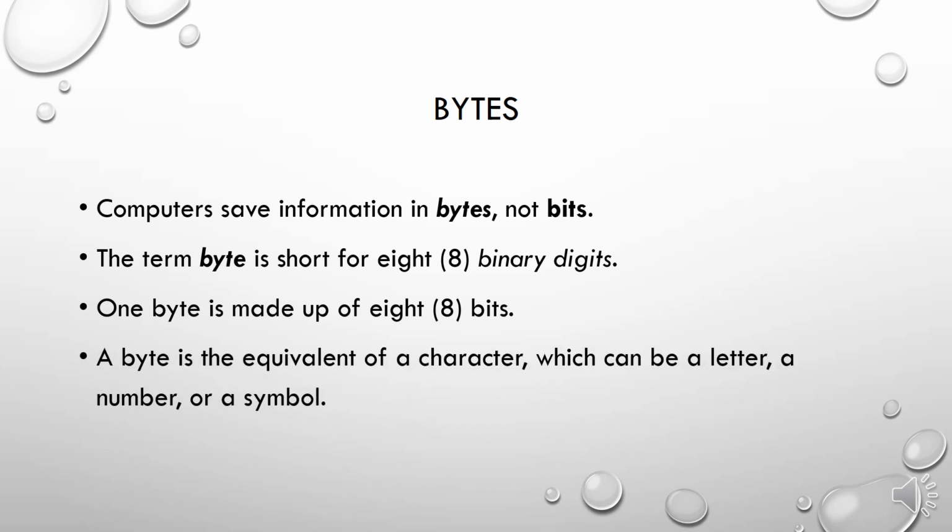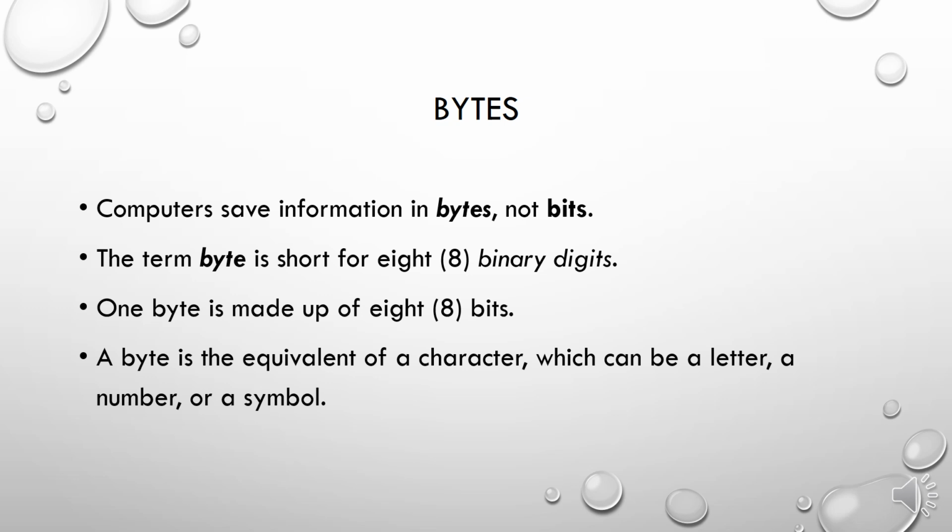A byte is equivalent to a character, which can be a letter, a number, or a symbol. That is why we said our computers save information in terms of bytes. So if you have ABU, for instance, the A will have 8 bits, B will have another 8 bits, and the last U will also have 8 bits.